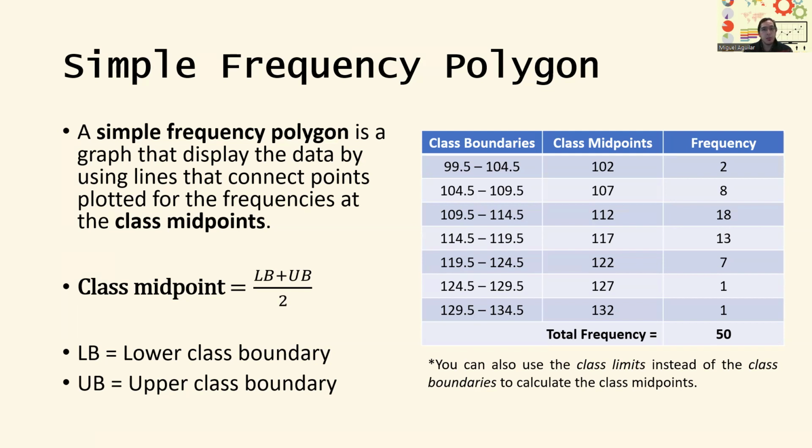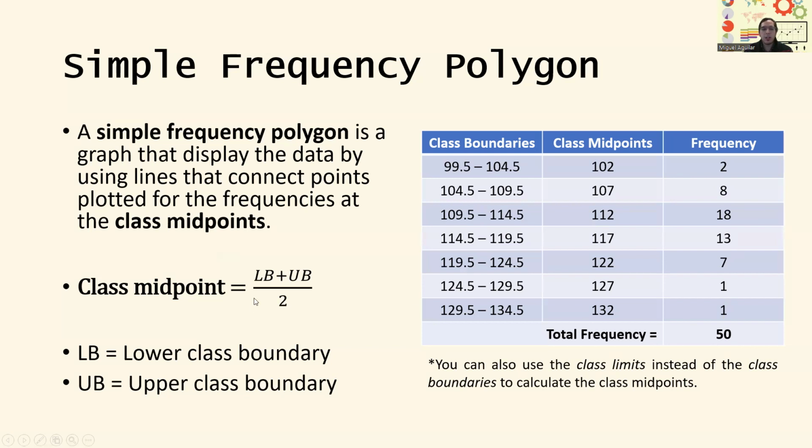Okay, so the first thing that we need to do is modify or extend our frequency distribution table to include our class midpoints. Okay, so you can see here on the right, I have created a table where I have some class boundaries, and I've already calculated the class midpoints. Presumably, we already have counted up all of the raw data, and we have our frequency distribution also.